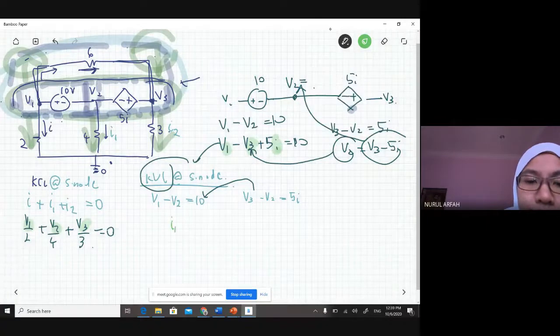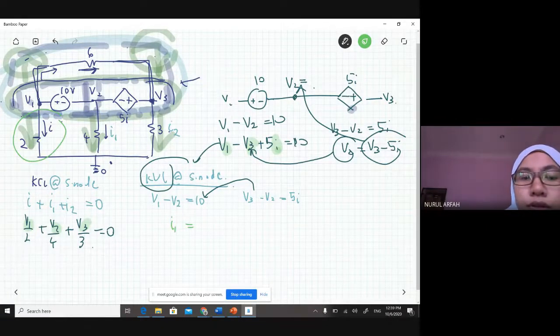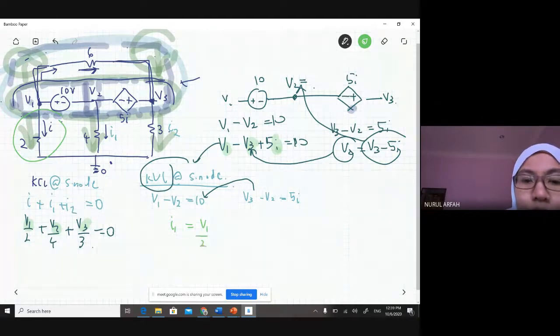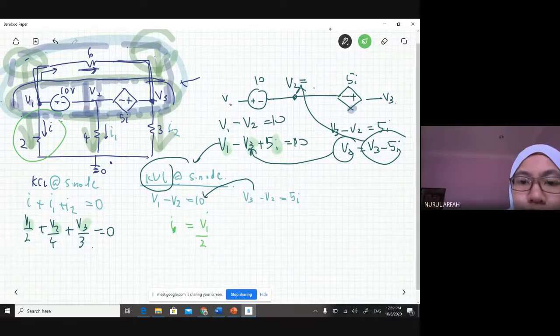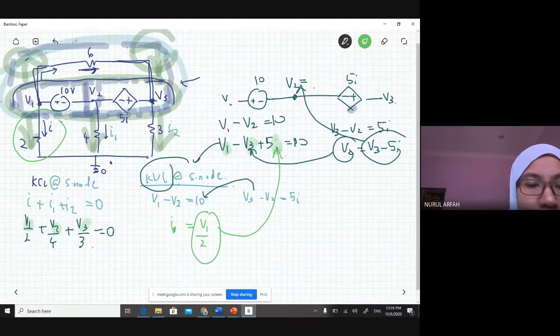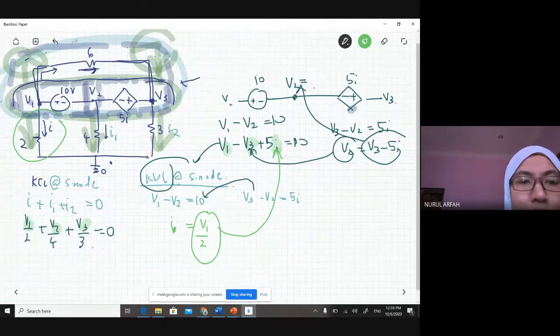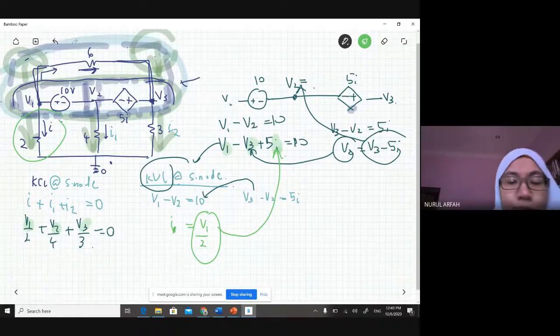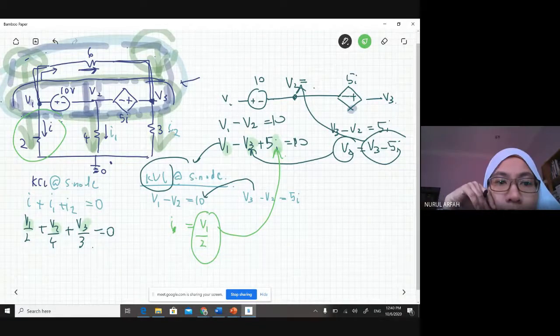I is equal to, if you look at here, V1 over 2. Not I1, I. You need to substitute this V1 into here. And then, yes, you still have 1, 2, 3. There's another equation needed.